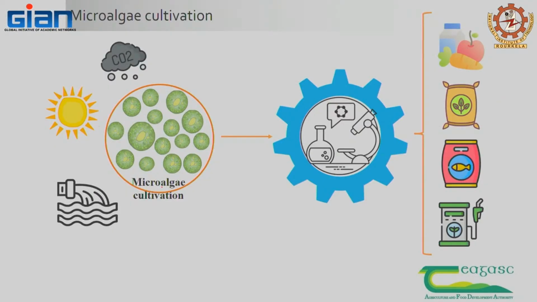Microalgae cultivation is as simple as what you have seen with duckweed cultivation. So what do you need again? CO2, light and water. It could be wastewater, it could be clean water. And then you can get all this microalgae for a range of different applications.